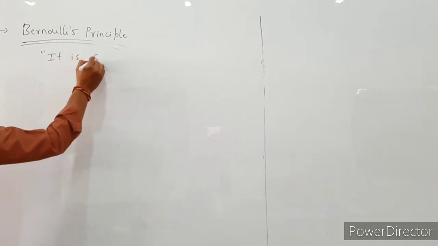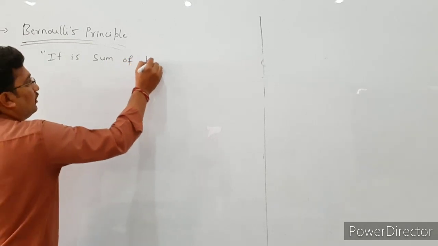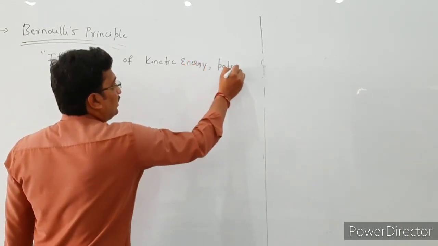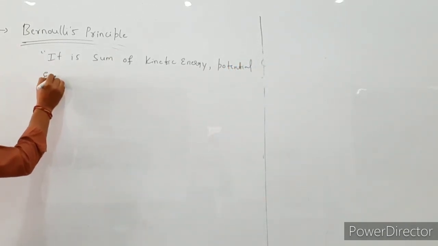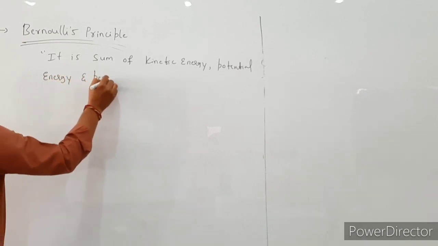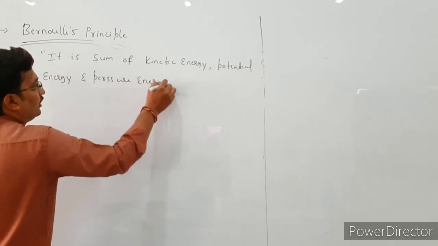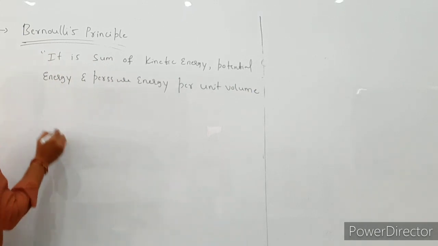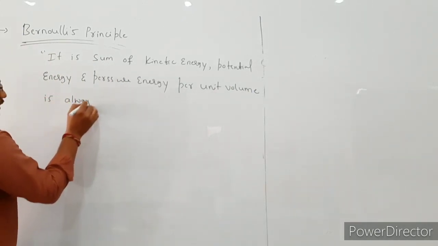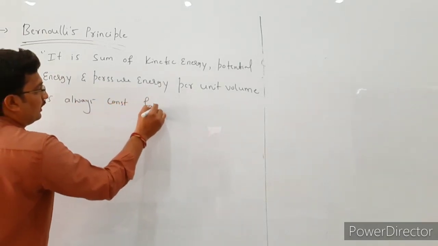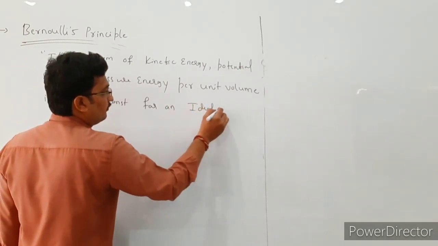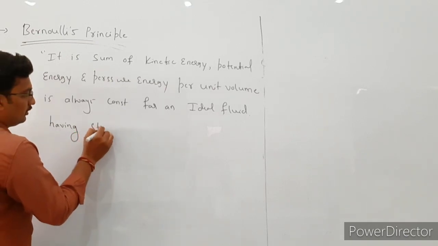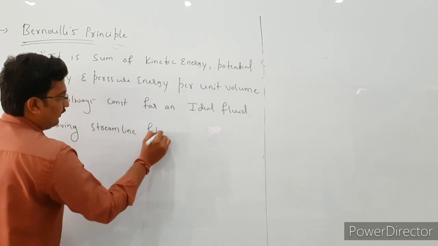It is the sum of kinetic energy, potential energy, and pressure energy per unit volume is always constant for an ideal fluid having streamline flow.